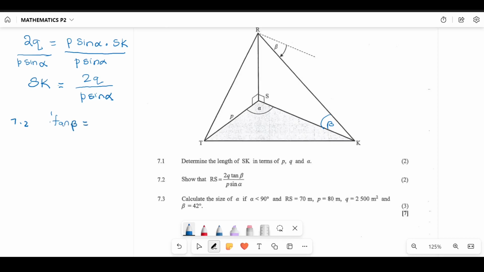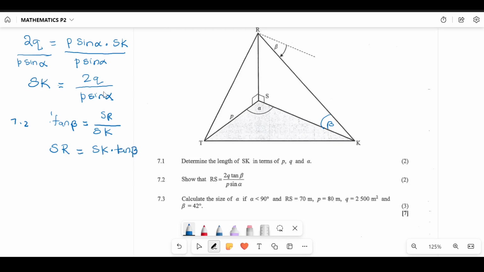Tan beta equals RS over SK. Therefore RS is SK times tan beta.